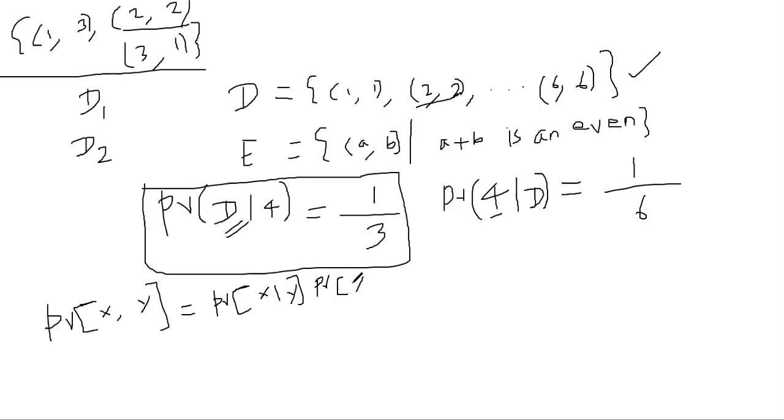This makes sense if you think about it intuitively. We are looking for the probability that the two events x and y happen at the same time. That means we can assume y happened, then look for the probability that x happens, and multiply with the probability that y happens.